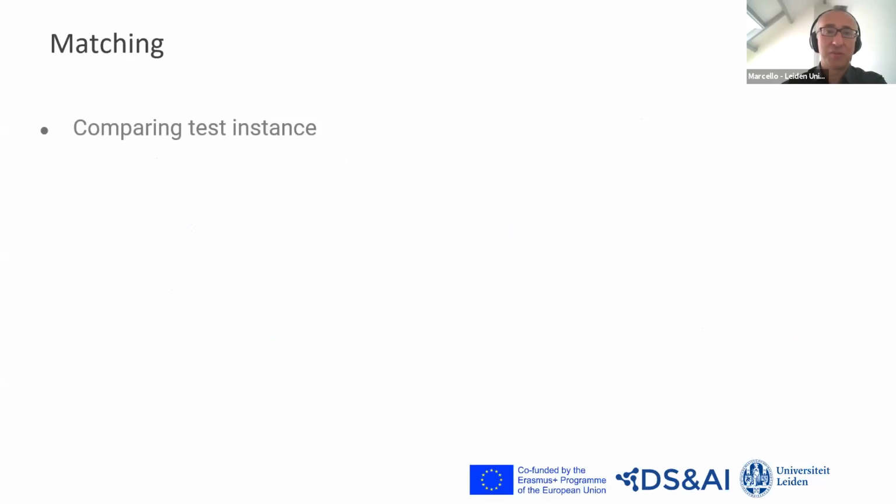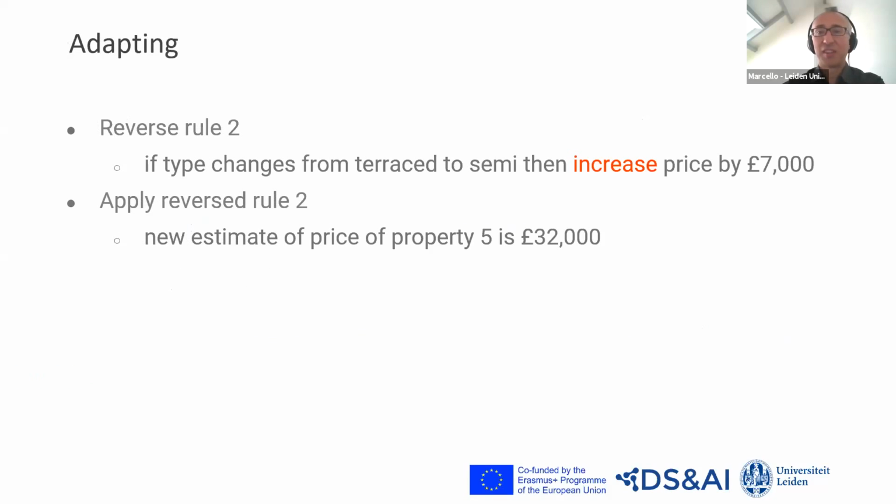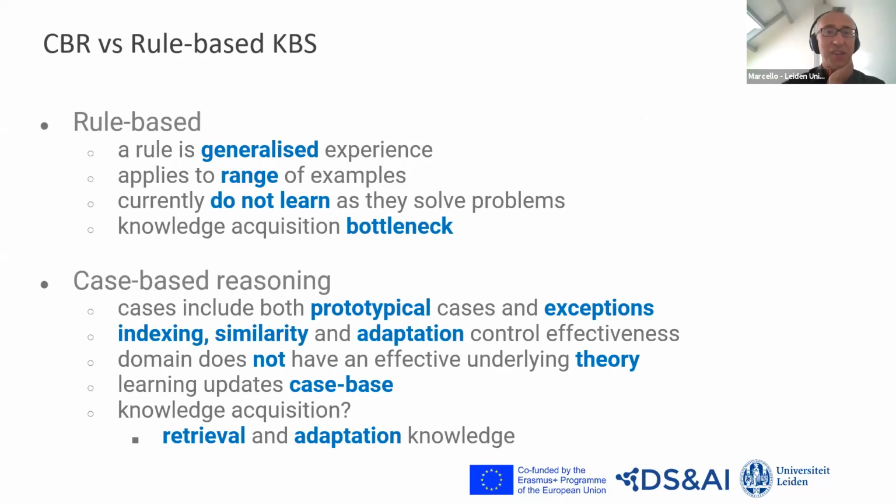You compare all things, and the estimated price should be 32,000 pounds. So this is basically what case-based reasoning is.